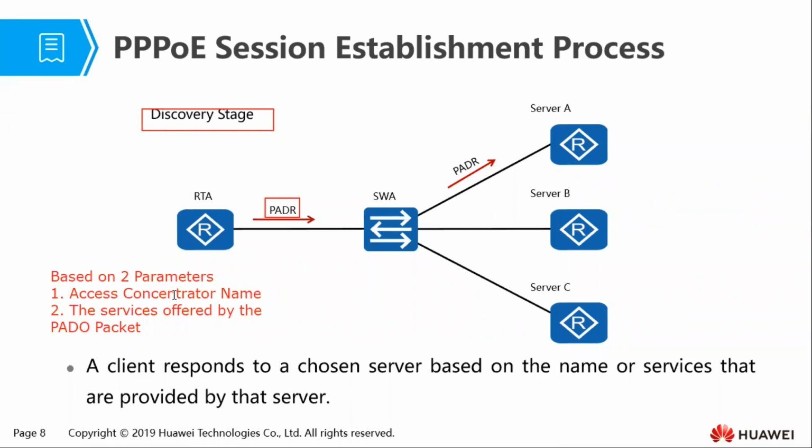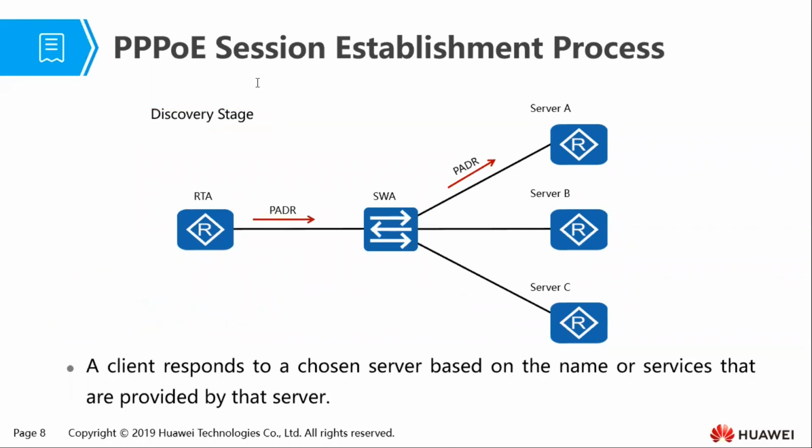Then other than that, it can also choose depending on the services that are offered by that particular PPPoE packet that was replied by the server. So this time we're choosing to connect to server A. Again, at this point, we have not formed a session yet, and the session field will have all zeros.